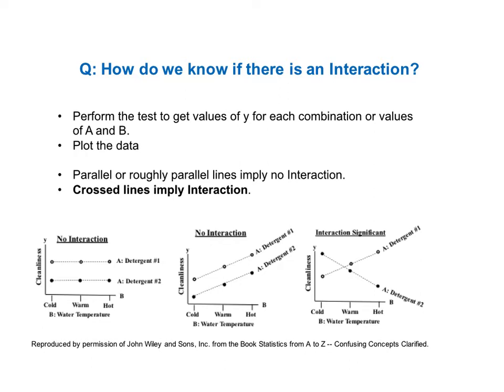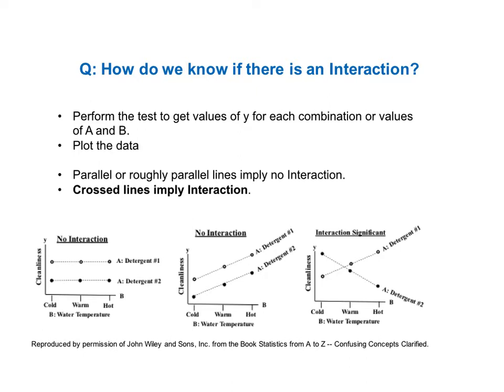In the left example diagram, we see the case in which detergent number 1 has a stronger effect than detergent number 2, no matter the water temperature. Detergent has an effect, water temperature does not. The middle diagram illustrates the case in which both factors have an effect, but both detergents are affected the same by changes in water temperature.